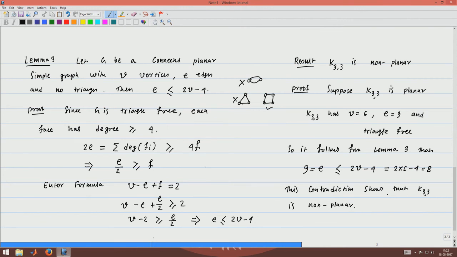Okay, so, using these two lemmas, we have proved that K5, the complete graph with 5 vertices, is a non-planar graph, and using the other lemma we have proved that K33, which is simple connected and triangle free, is also a non-planar graph.